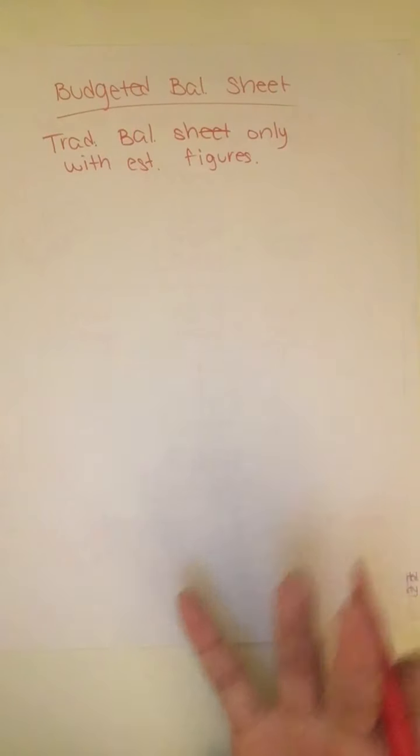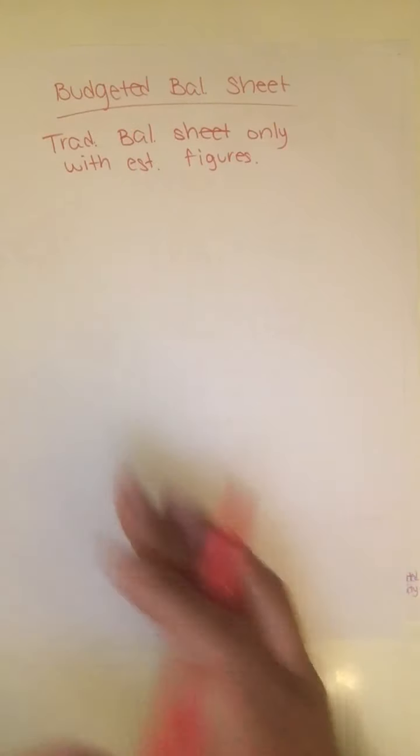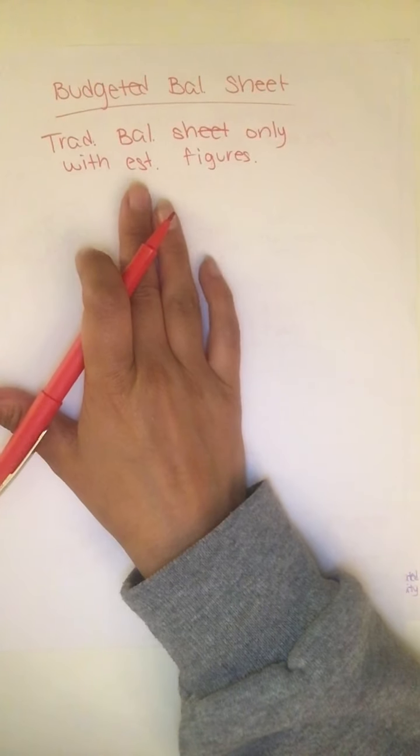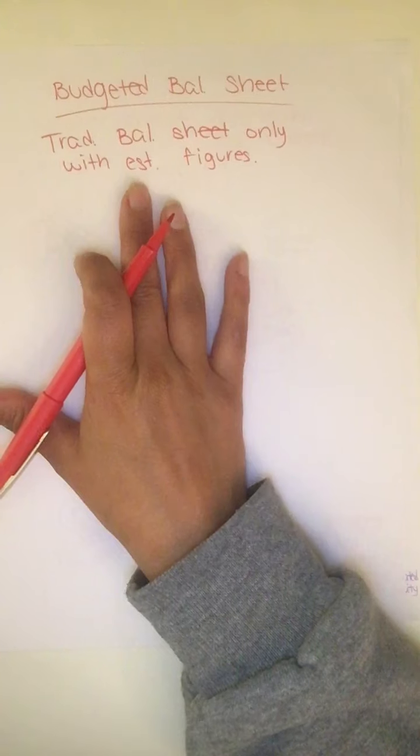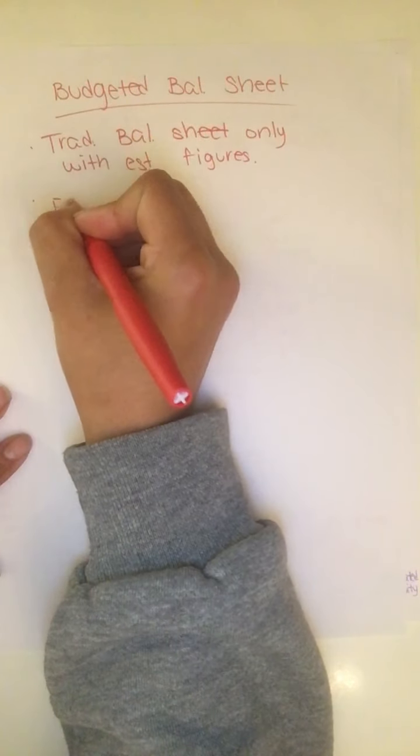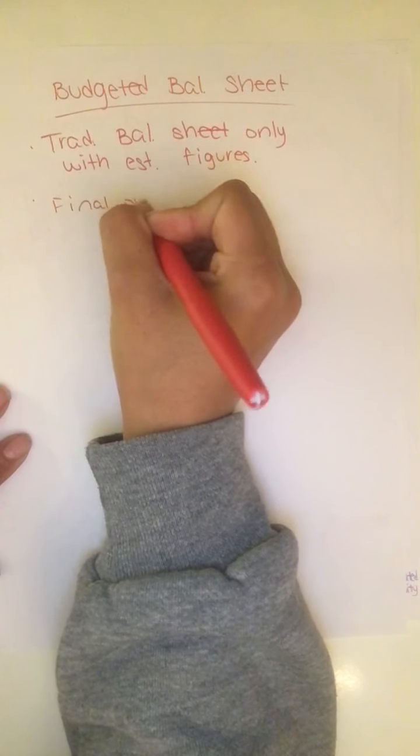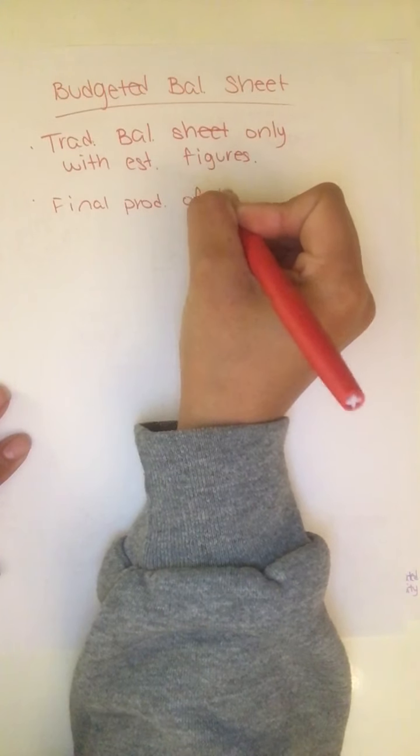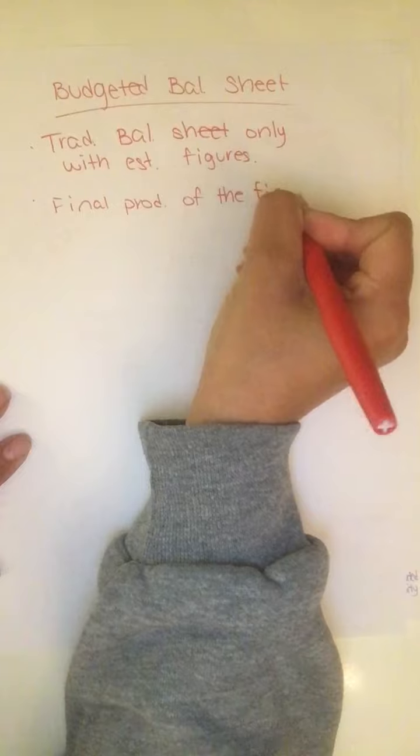Because we remember in Accounting 1A, financial accounting has a historical perspective, so it's always looking back at actual figures, whereas a budgeted balance sheet is looking forward to future amounts, and these are what is anticipated or estimated for the period.